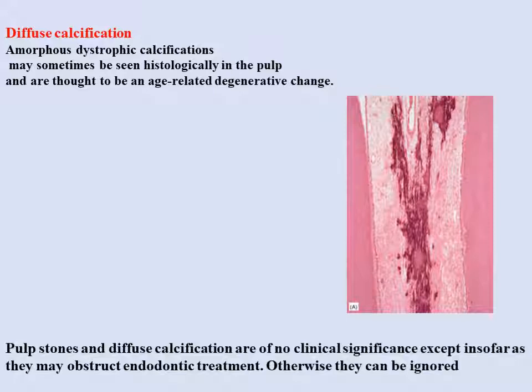These two types of calcification, pulp stones and diffuse calcification, are of no clinical significance, except when they may interfere with endodontic treatment. Otherwise we can ignore them.